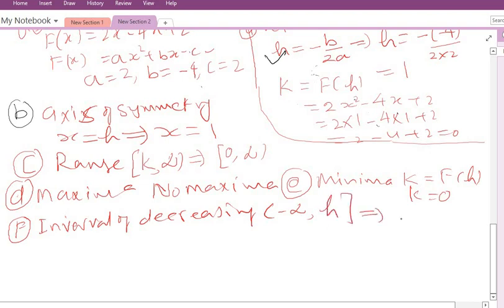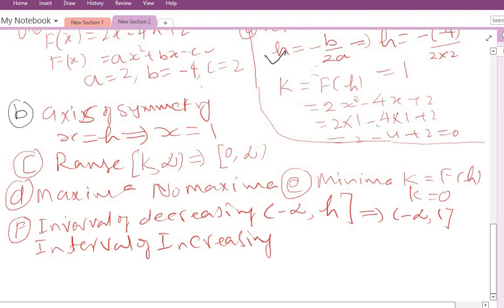That means minus infinity to h, where h is equal to 1, closed interval. Similarly, we can write interval of increasing. Interval of increasing is h comma infinity. That means 1 to plus infinity. This is the interval of increasing.